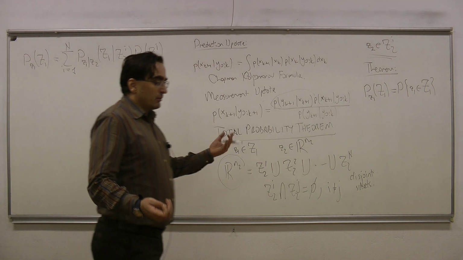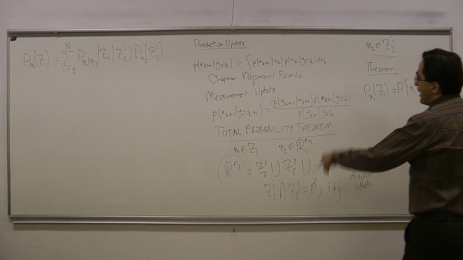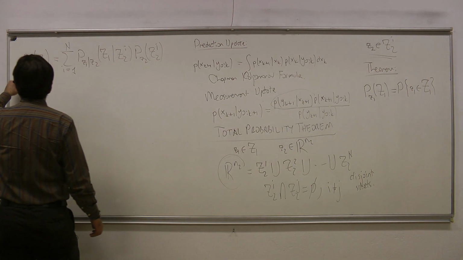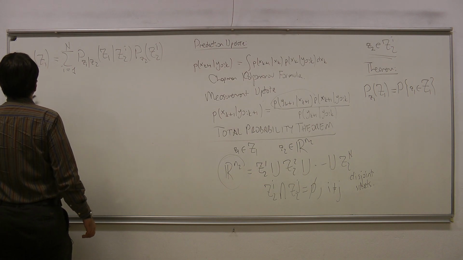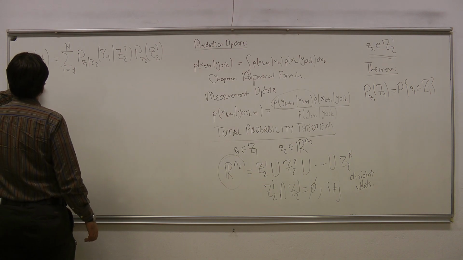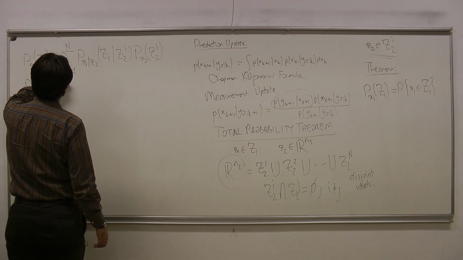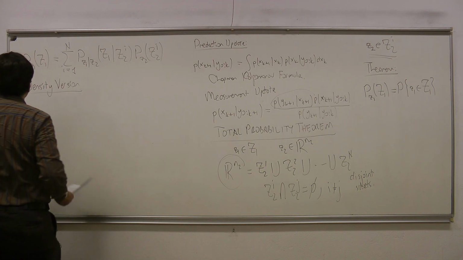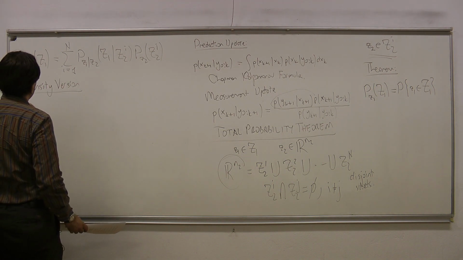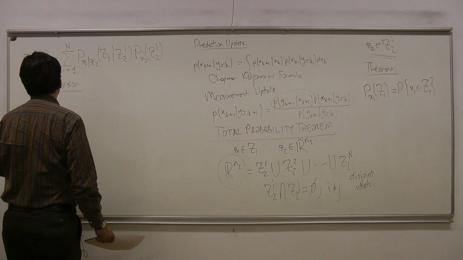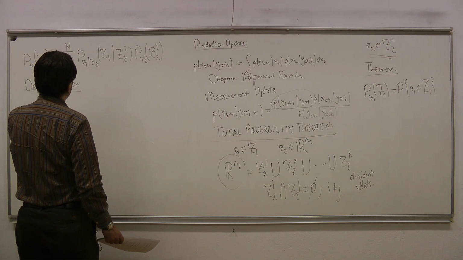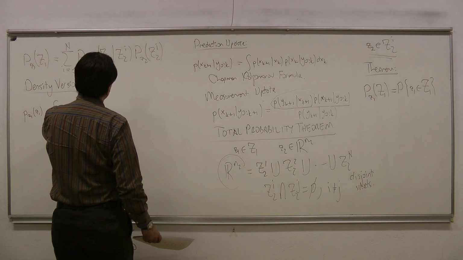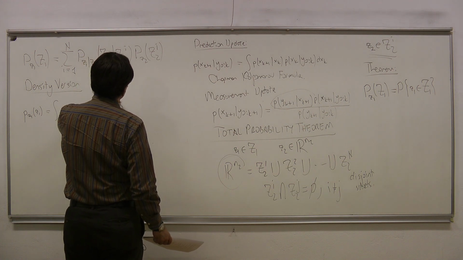So every probabilistic rule given like this has a counterpart in the density version. And in the density version, let us write the density version. The total probability theorem has the following counterpart. p(z1) is equal to the integral of p(z1 given z2) p(z2) dz2.